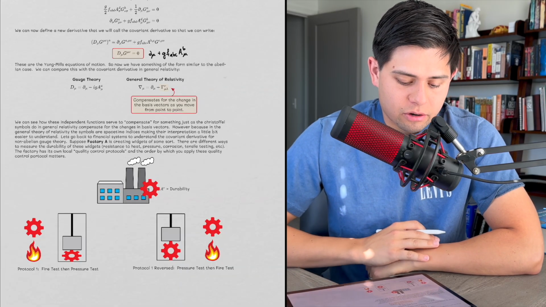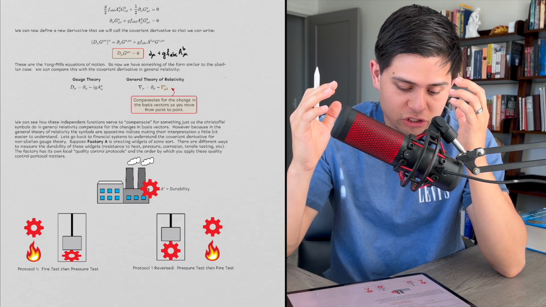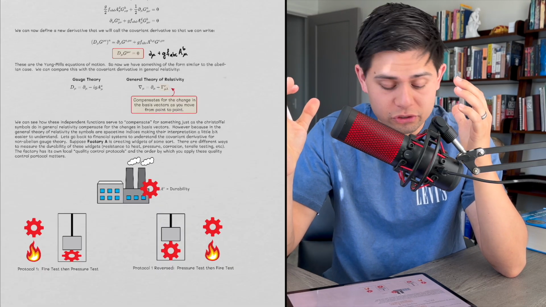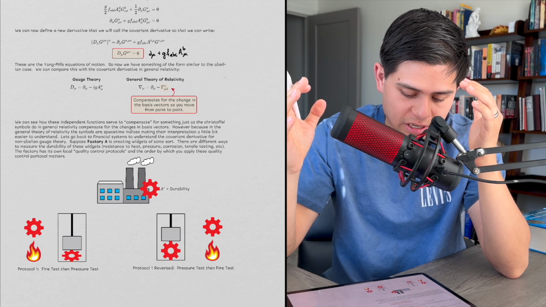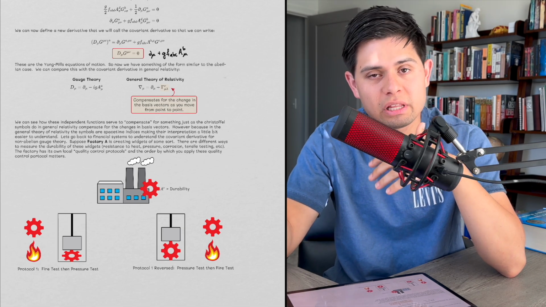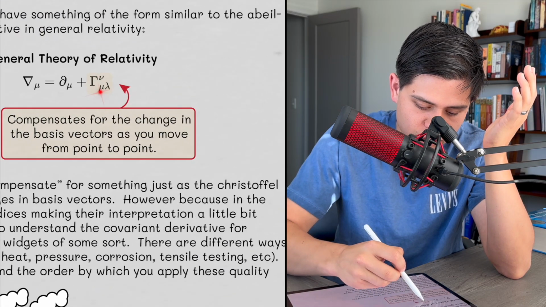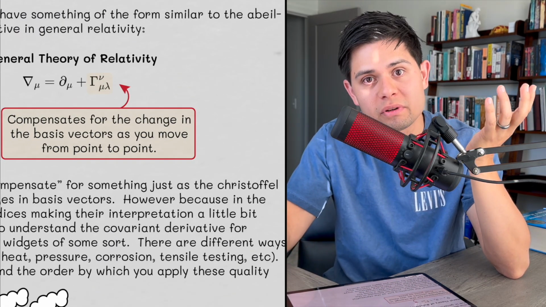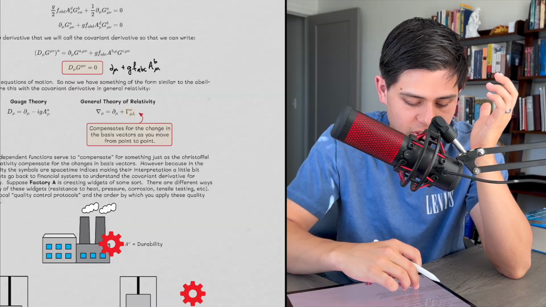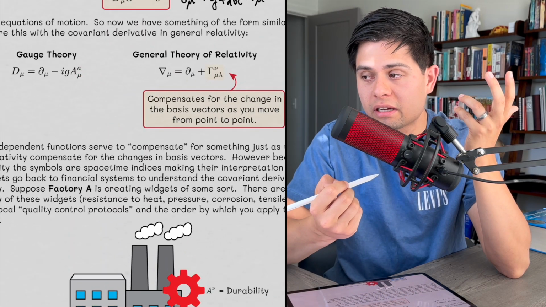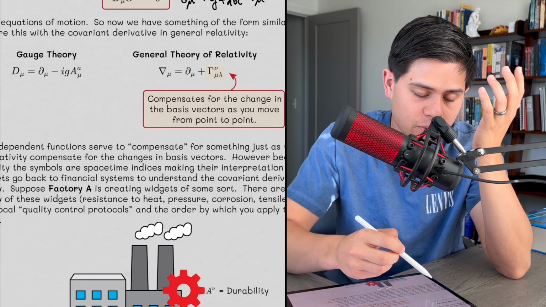So we can see how these independent functions serve to compensate for something just as the Christoffel symbols do for general relativity. However, the Christoffel symbols all have space-time indices, right? Mu, nu, and lambda are space-time indices for general relativity. However, here we have mu, which is a space-time index, and A, which is not.